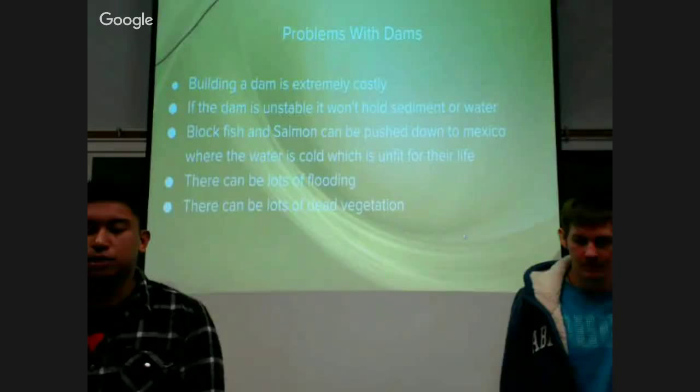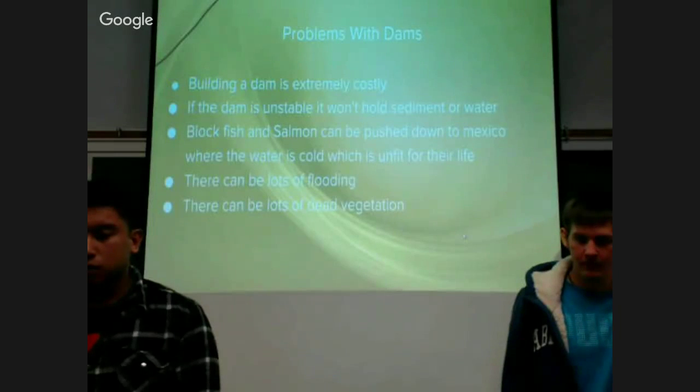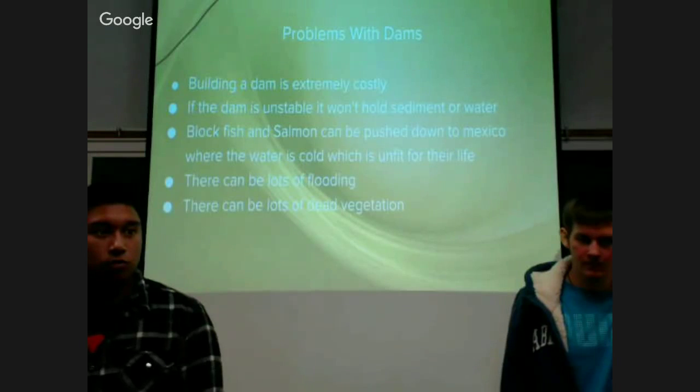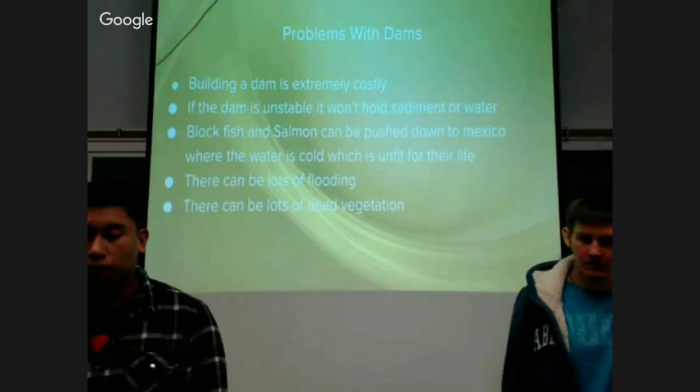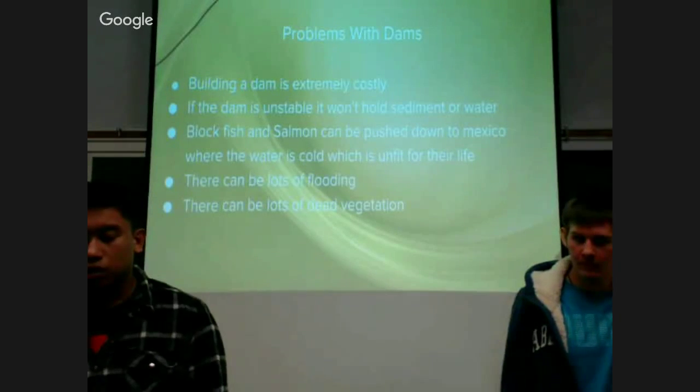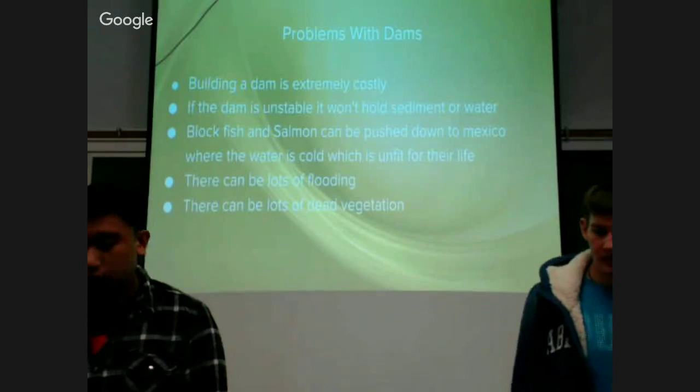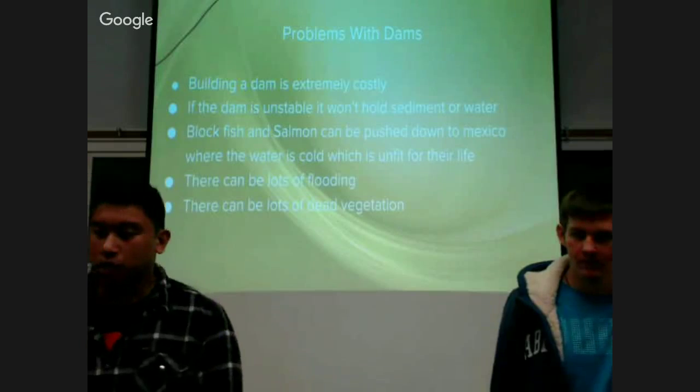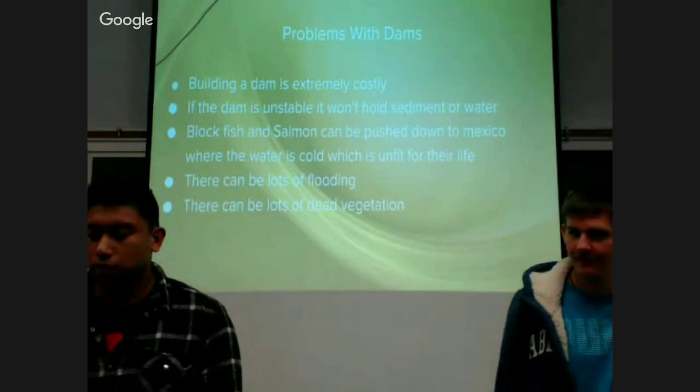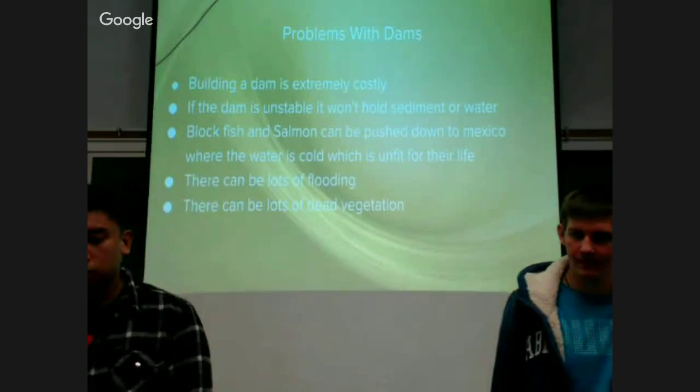Problems with dams. Building a dam is very costly depending on size, depending on how long you want it to be, or how wide. And if a dam's unstable, it might have sediment seep through.